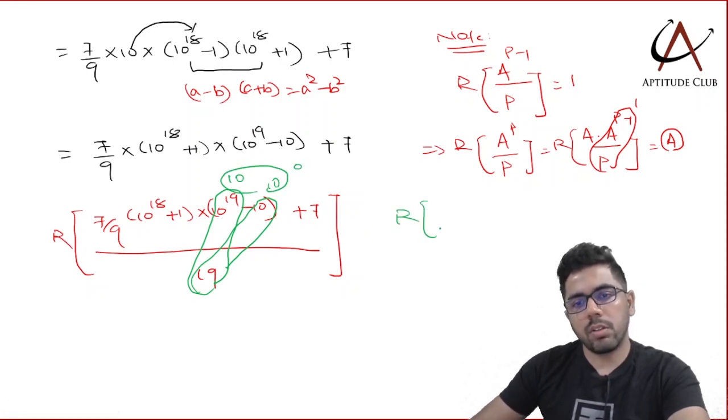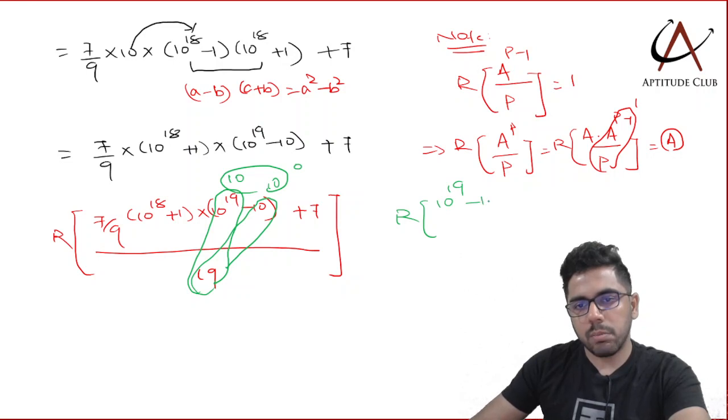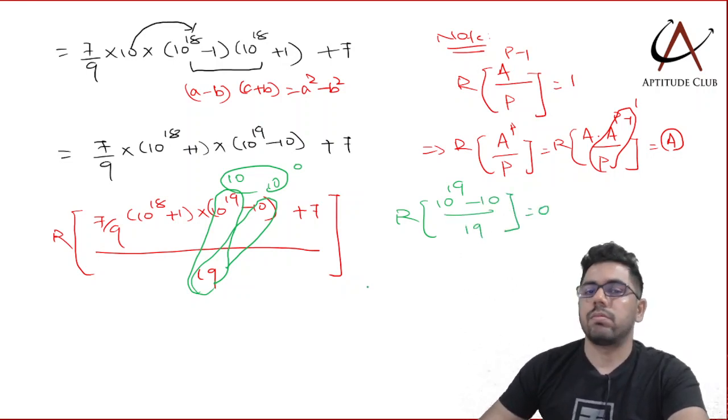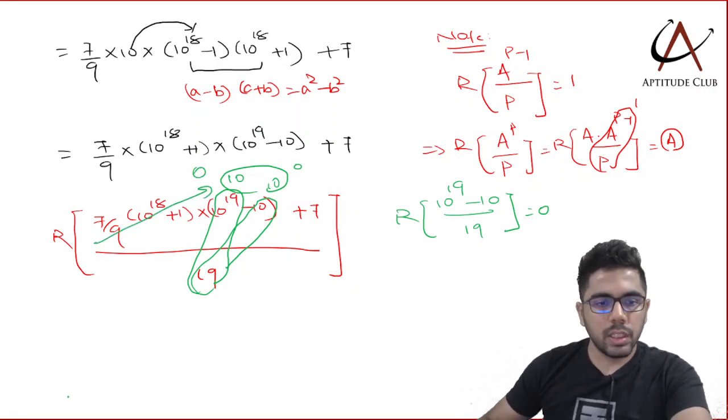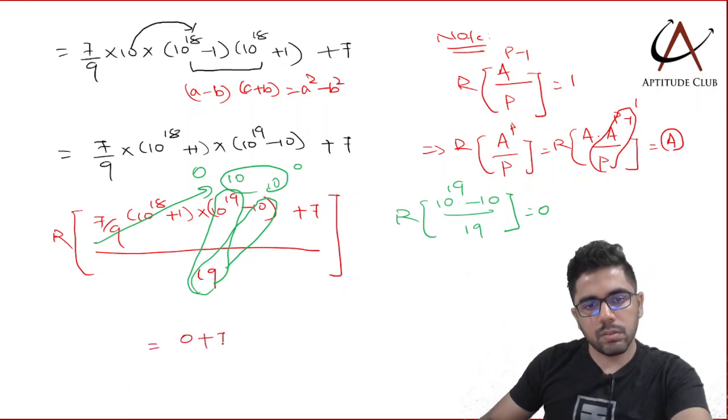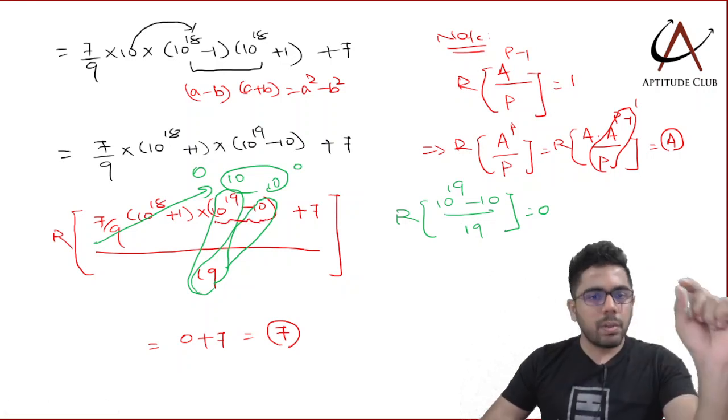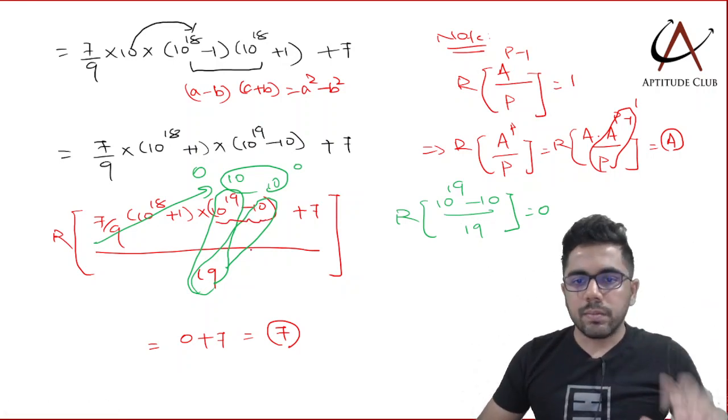So the remainder of 10 to the power 19 minus 10 divided by 19 is 0. If that remainder is completely 0, the only thing left is 7. So you are left with 0 plus 7, because the term 10 to the power 19 minus 10 is divisible by 19.